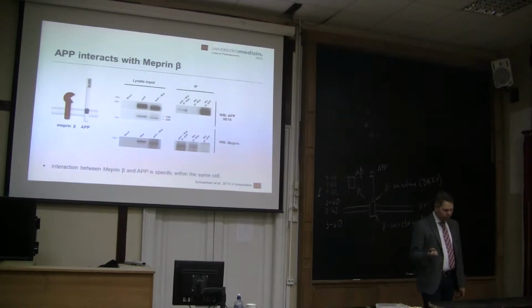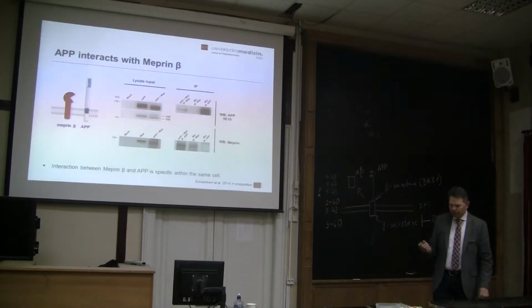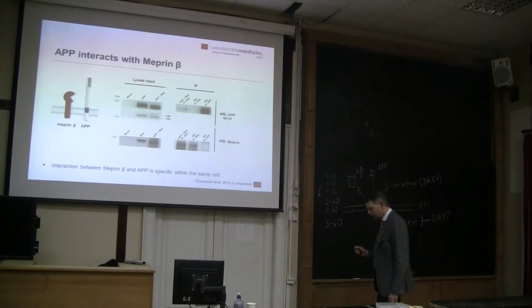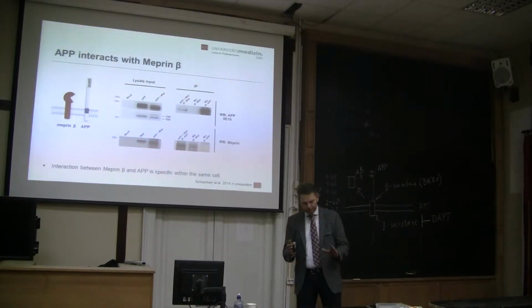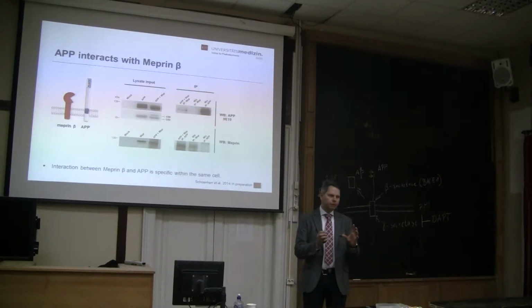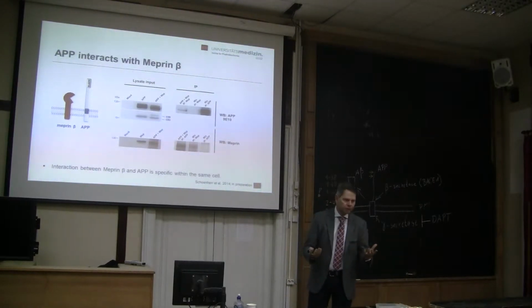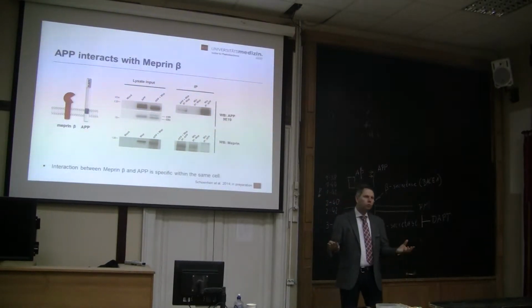So the first thing we wanted to know is if this is all correct. If we're lucky, we should be able to see meprin and APP together in a complex. Right? And a complex could mean a co-immunoprecipitation.